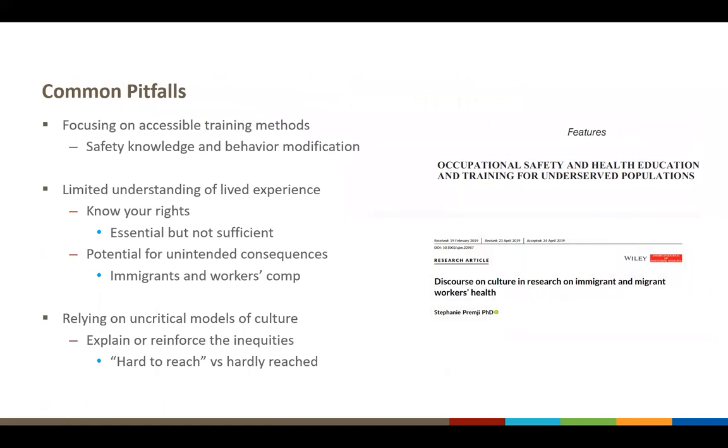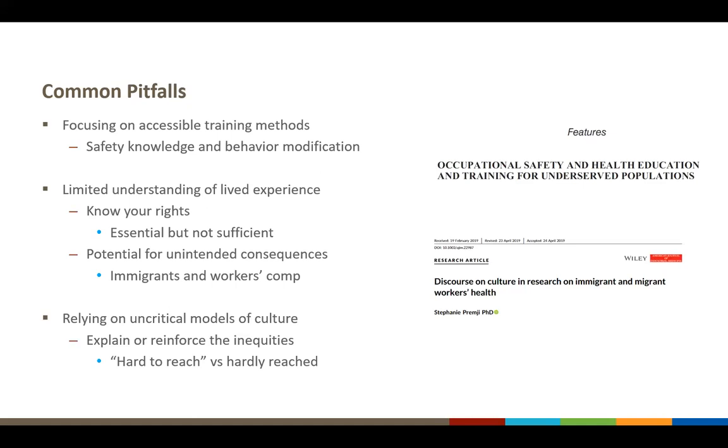And so some common pitfalls or problems that I've seen in intervention work around occupational health inequities is that much of the work tends to focus on developing accessible training methods. And I think that's very important, addressing issues of low literacy rates or the right language or interactive games and whatnot to teach are all very important.